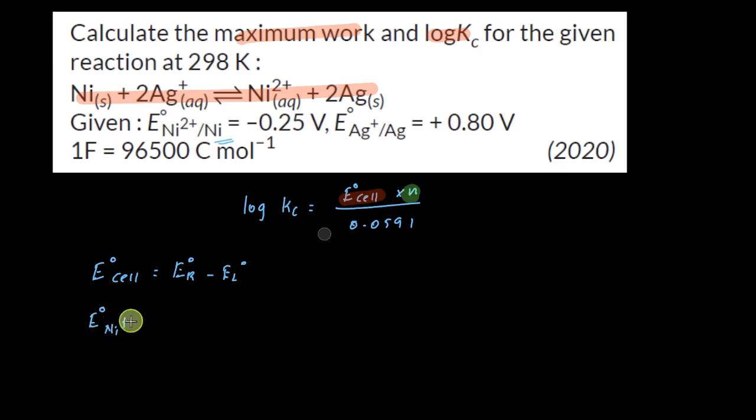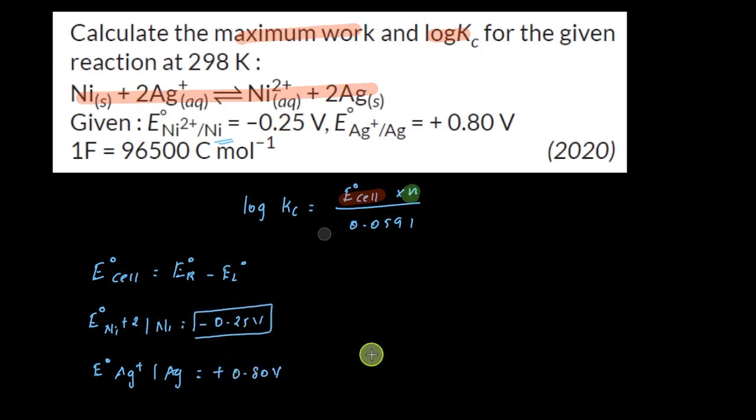E naught Ni2+/Ni is equal to minus 0.25 volt, and E naught Ag+/Ag is given to be plus 0.80 volt. Now I'm going to compare these two values. The smallest value is minus 0.25, so this is going to be my anode, and this is going to be my cathode.